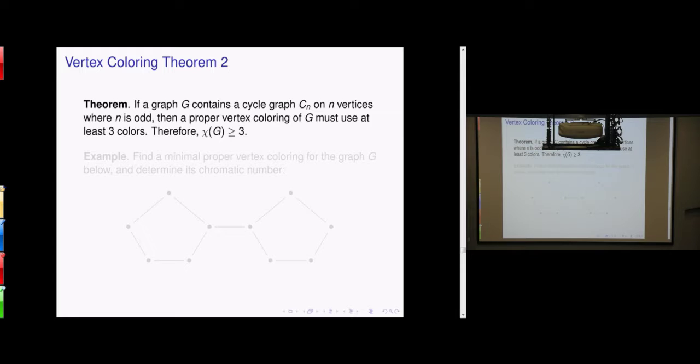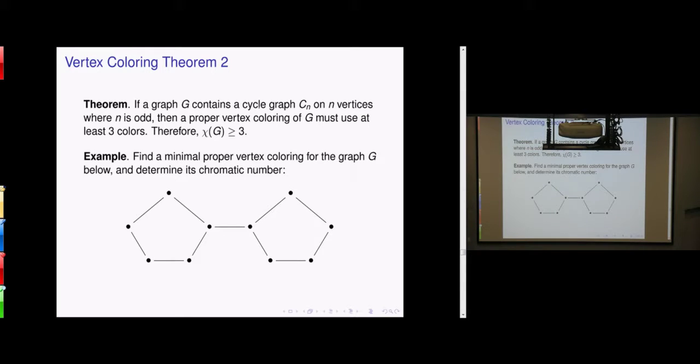Here it says if it contains a cycle graph Cn and n is odd, then the chromatic number is at least 3, because just to color that cycle, you need 3 colors. You cannot get any less.